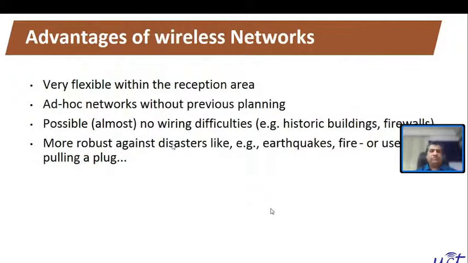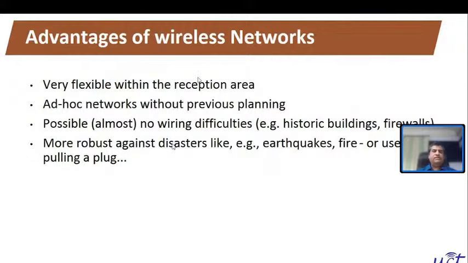First of all, we have to understand why wireless solutions are an alternative to wireline, what kind of problems we have with wireline solutions, and what kind of flexibility advantage wireless solutions give. So it is very flexible within the reception area. If we use wireless, we need not worry or pre-plan everything. If it is wireline, we have to pre-plan how the wiring would be done.